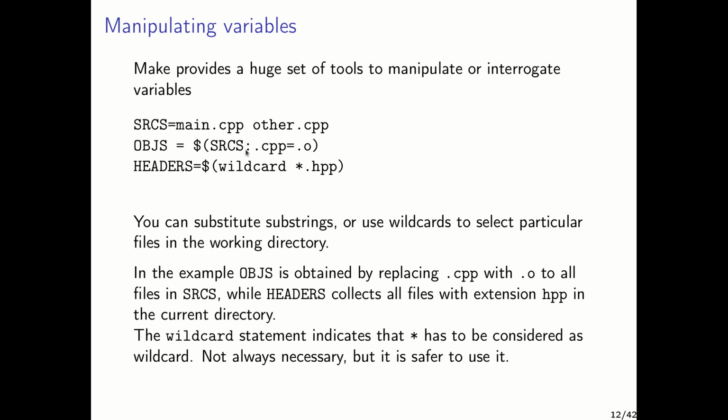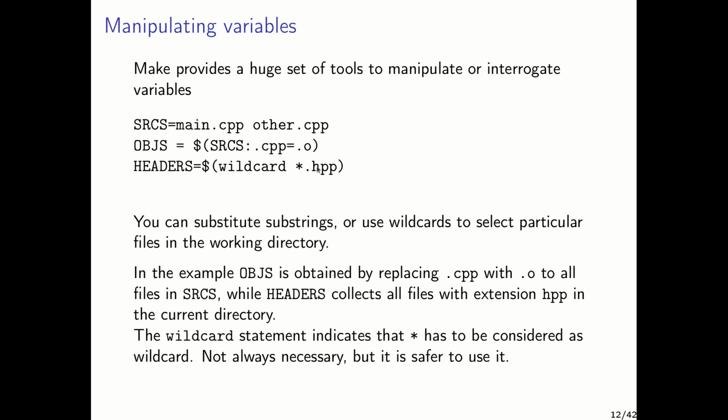Well, you can do it like that. For objects, you use this syntax, that means take the variable srcs and replace all occurrences of .cpp with .o. Objects, or objs, will now be main.o, other.o.